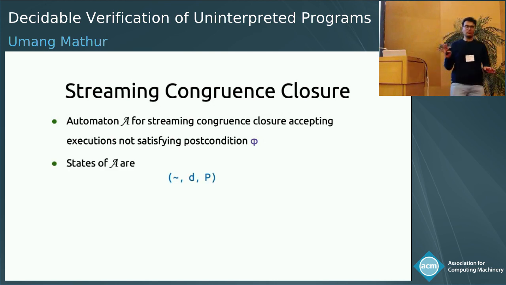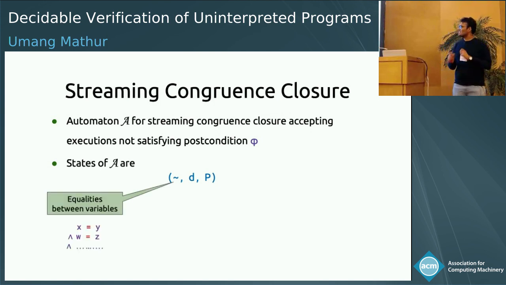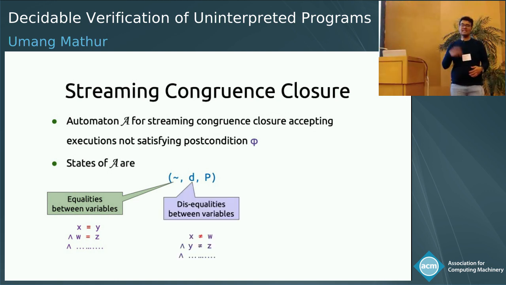So the states of this automaton are triples of the form (tilde, d, p). The first component, tilde, essentially summarizes the equality relationships between the variables. So something like x is equal to y, w is equal to z, etc. And this is essentially the congruence closure of the equality assumptions seen in the execution so far. The second component d accumulates essentially the disequalities seen so far.